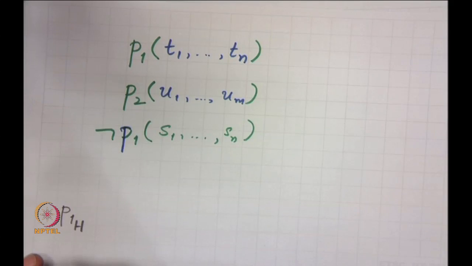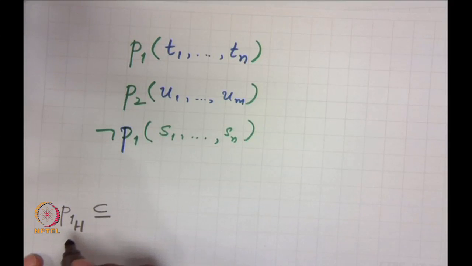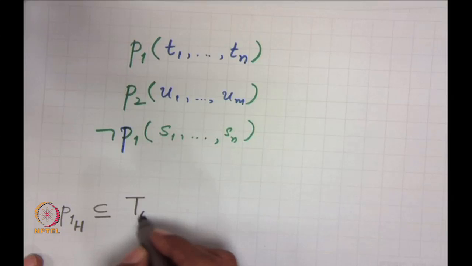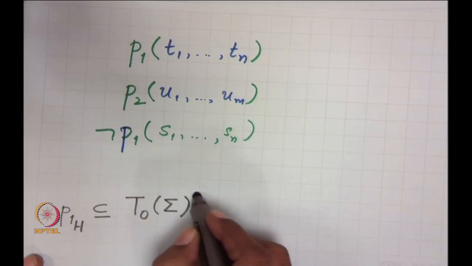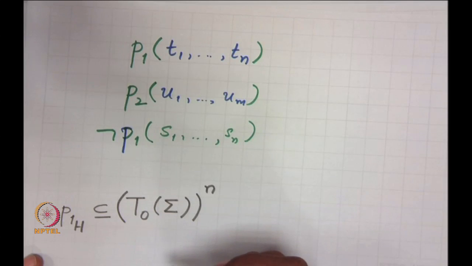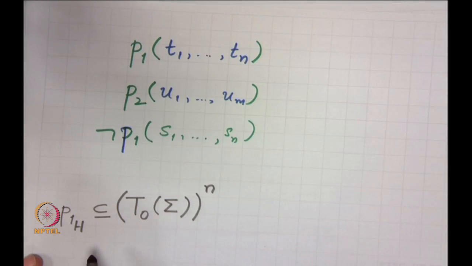P1H, let us say, should be a subset of (T0 sigma) the whole raised to n, right.